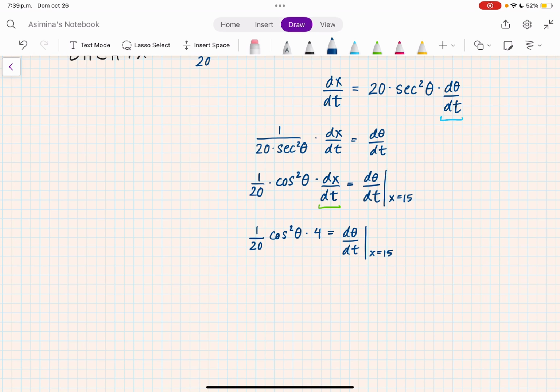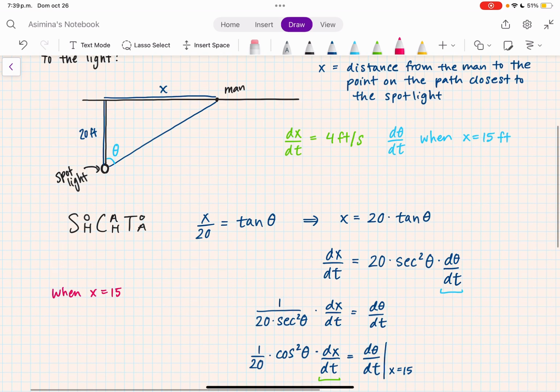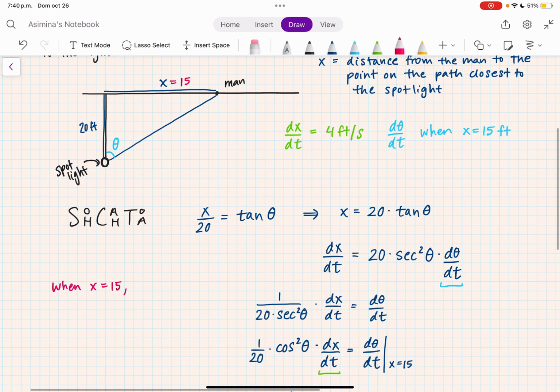Okay, now what's going on when x equals 15? Well, we can calculate the length of the beam, right? Because we have this right triangle. So when x equals 15, we have that 20 squared plus 15 squared equals 25 squared. So this length here is 25 feet.